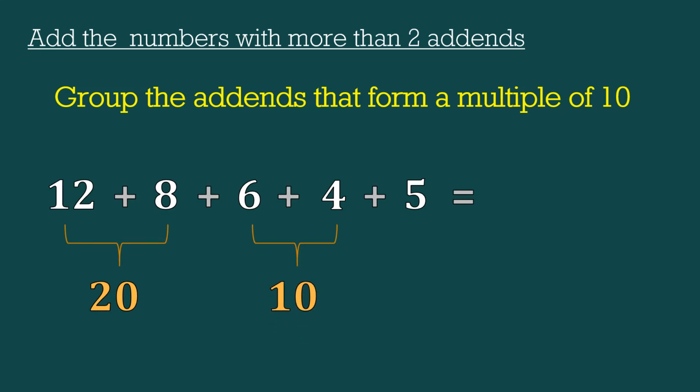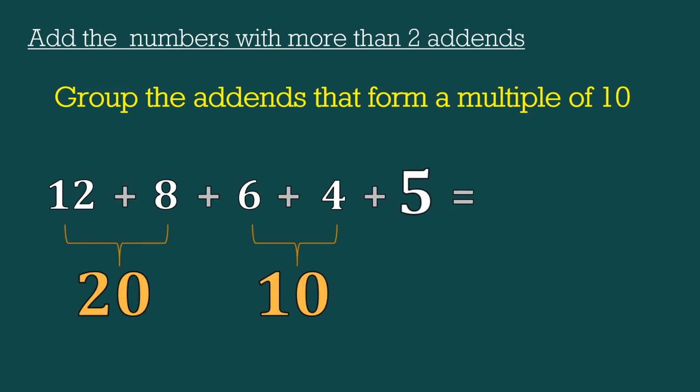Then, we add the addends that form the multiples of 10 and the remaining addend. We have 20 plus 10 plus 5 is equal to 35. So, the sum of the addends is 35.